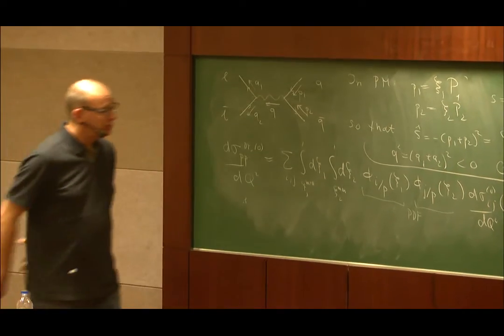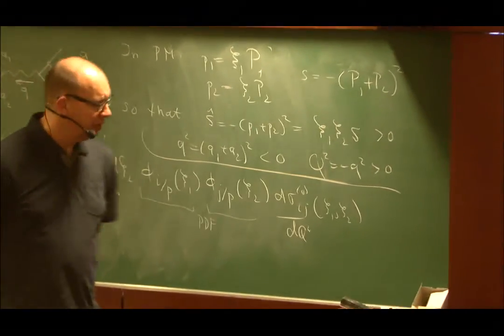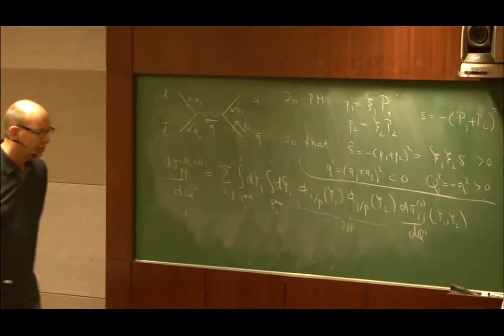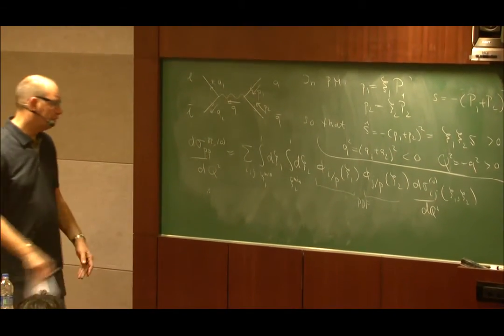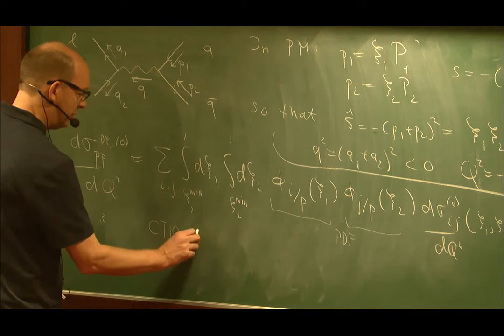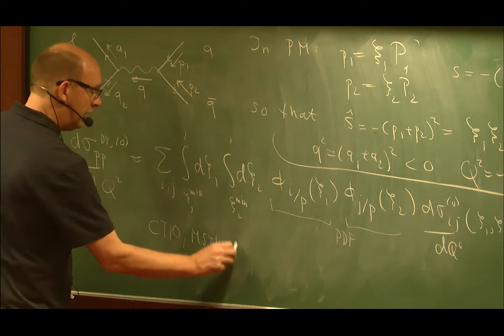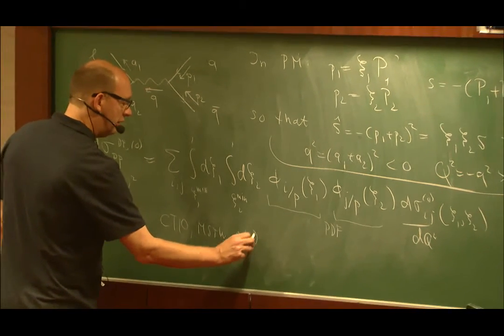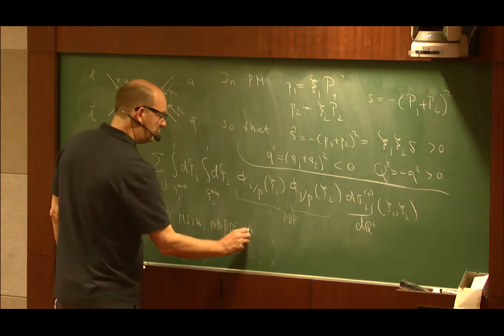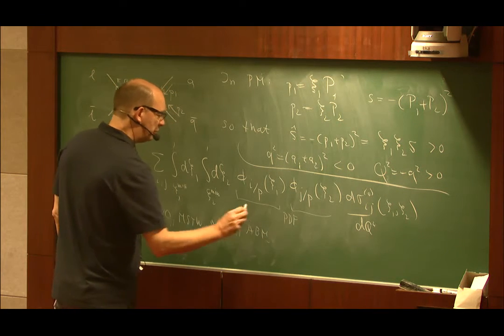I told you that these are downloaded, and that's certainly true. There are some very nice packages made by various groups: CT10, MSTW, NNPDF, the ABM group, and a number of others.